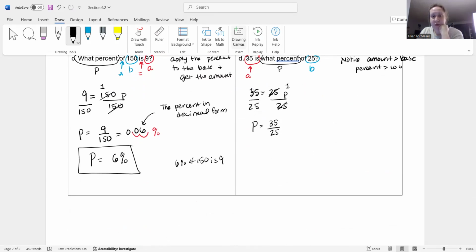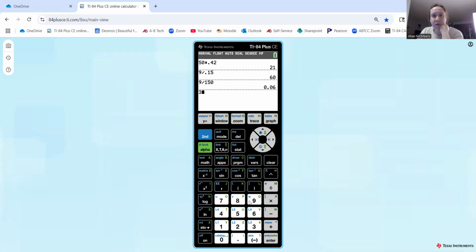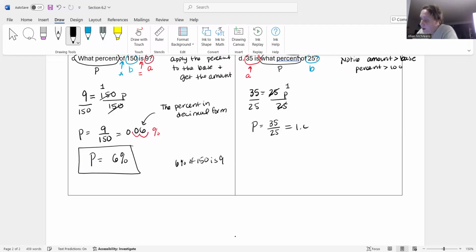So let's get the calculator to do the side work. So we have 35 divided by 25 equals 1.4. So let's go back to the worksheet. So we get 1.4. So this is the percent in decimal form.